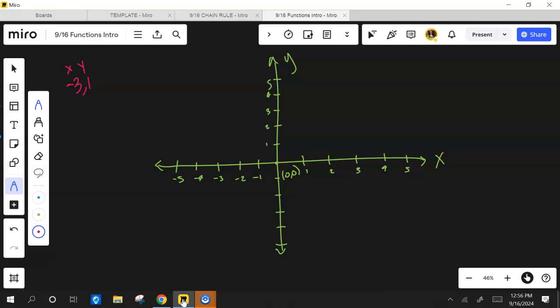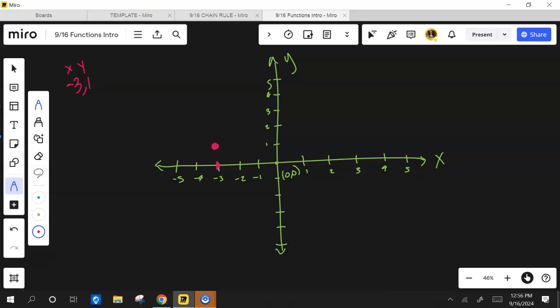Come up here and point to it. Right here. All right, so -3 is right here, and then I go up to 1.